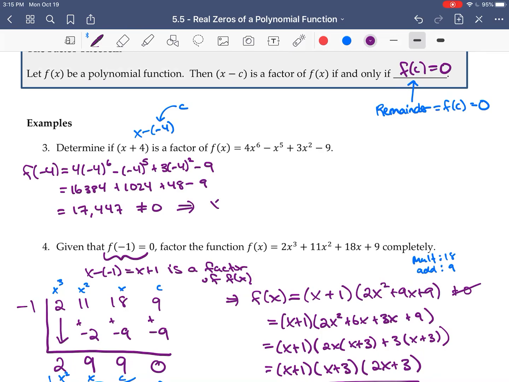That means our possible factor, x plus 4, is not in fact a factor. It has a remainder of 17,447, so it wouldn't be one of the factors when we factor that polynomial.